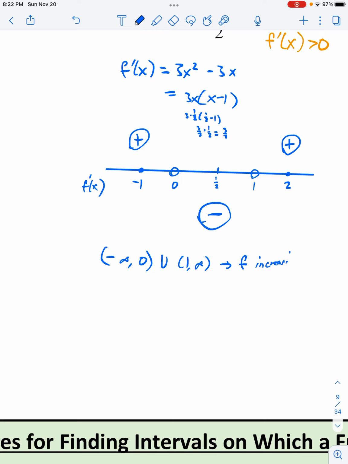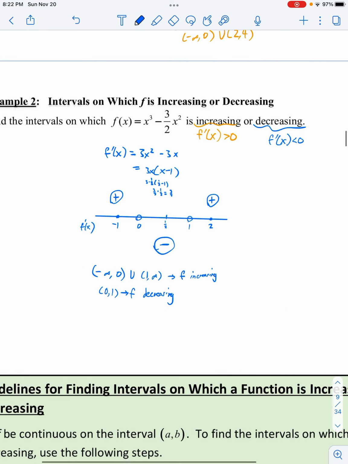And where f prime of x is less than 0, where it's negative, so 0 to 1, f is decreasing. There you go.